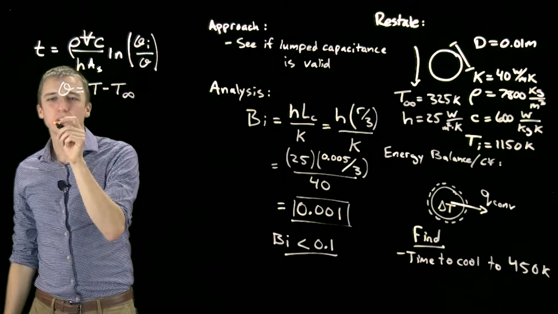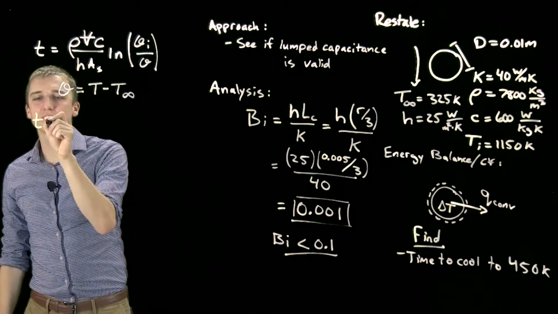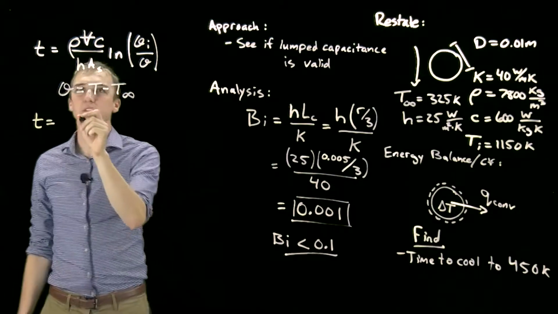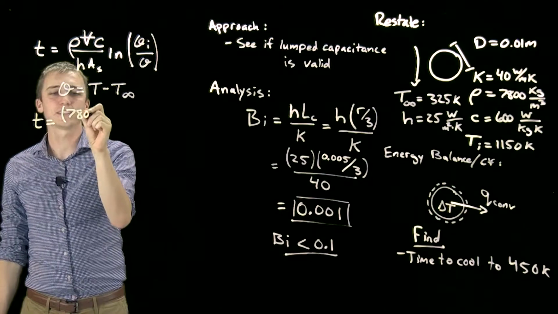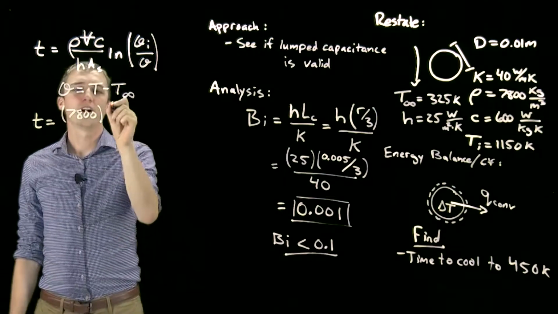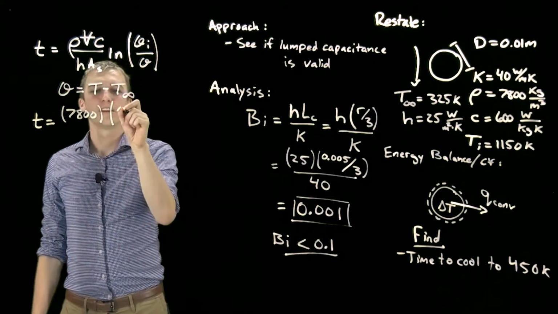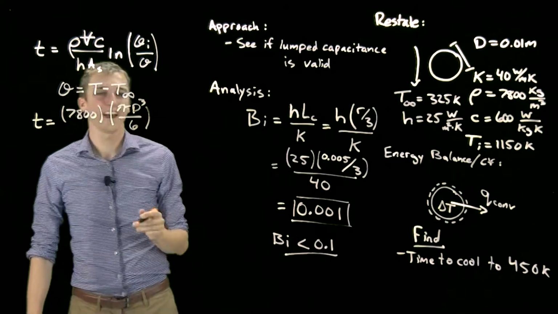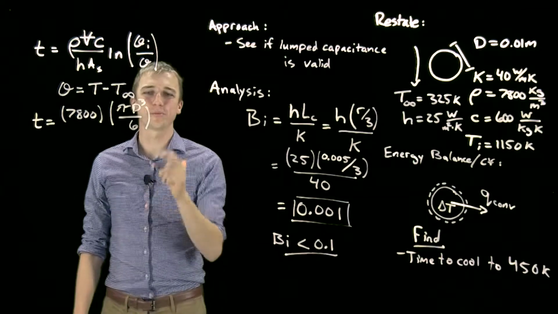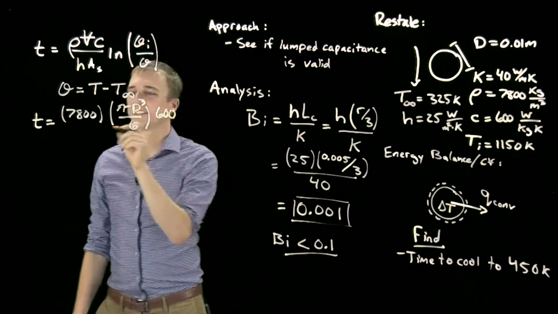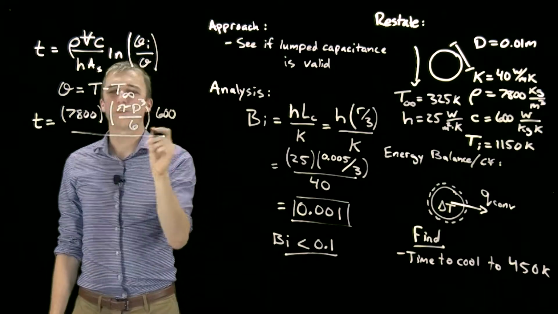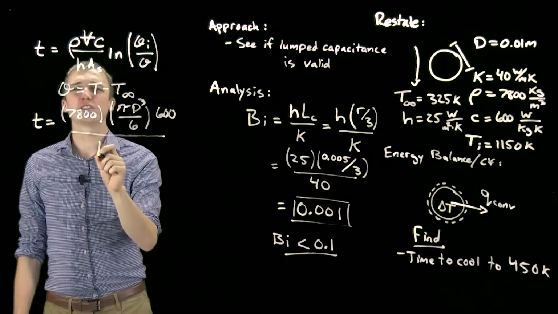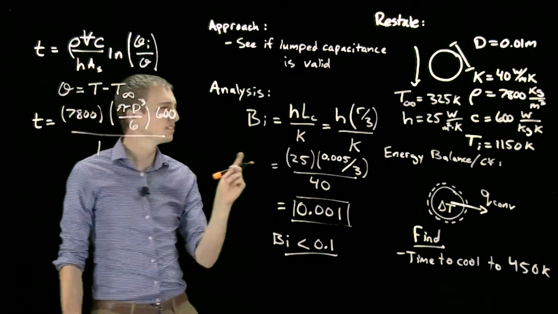Okay, so we are looking for t, so we're going to solve for t. All we have to do is plug in our values. We have our density, 7,800. Our volume of a sphere, pi d cubed over 6. I had to Google that one, so don't feel bad if you don't remember that off the top of your head. Times 600, and that whole thing divided by h, which is 25.